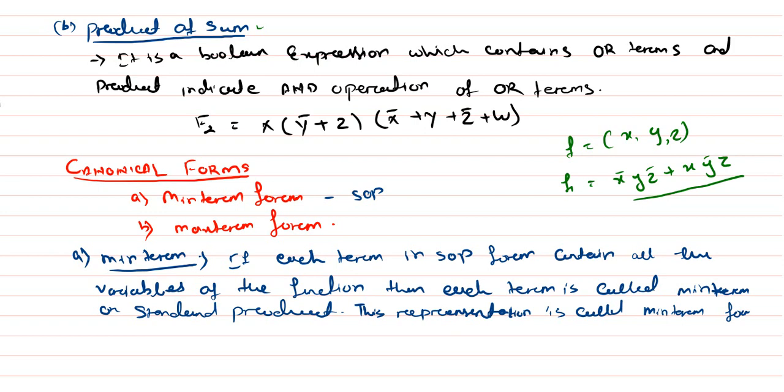This is the first term, this is the second term, and these terms contain all the variables x, y, z, whether in inverted form or not. So this will be represented as min term. So we can say it is the min term of the standard product. The representation is called the min term form. So this presentation is called your min term form.